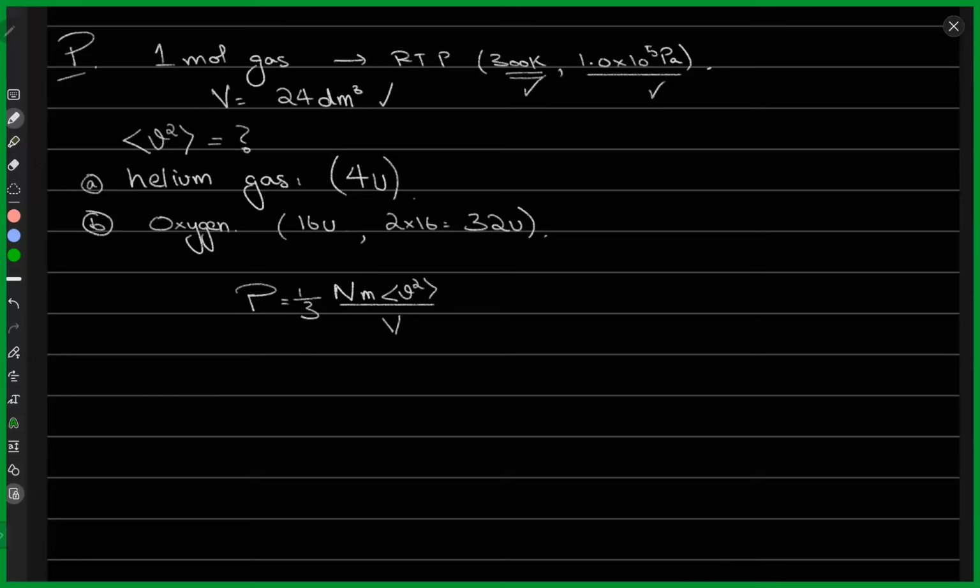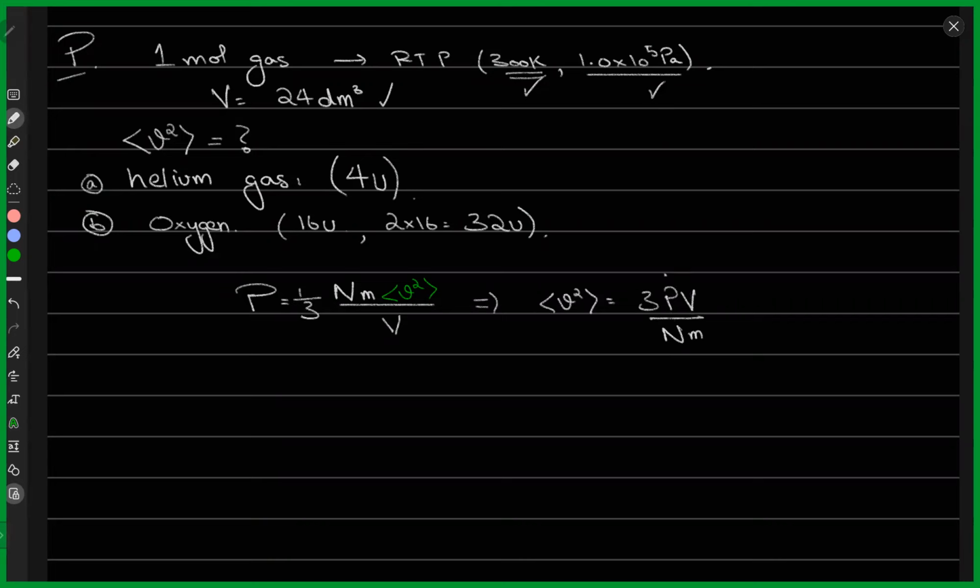The task is to find out this thing. Let me just color it in green. So what is this thing in green? That's what we want to find out. So of course, we'll write this as V squared is equal to 3P times V divided by N times M.